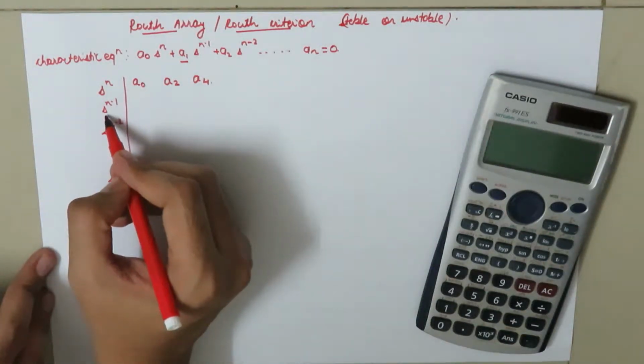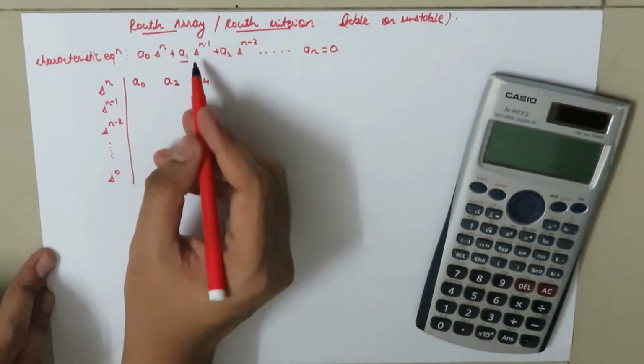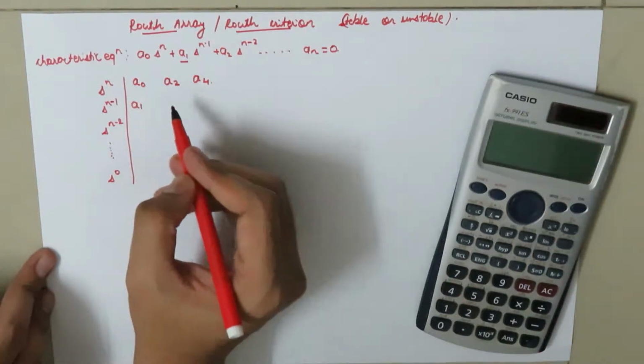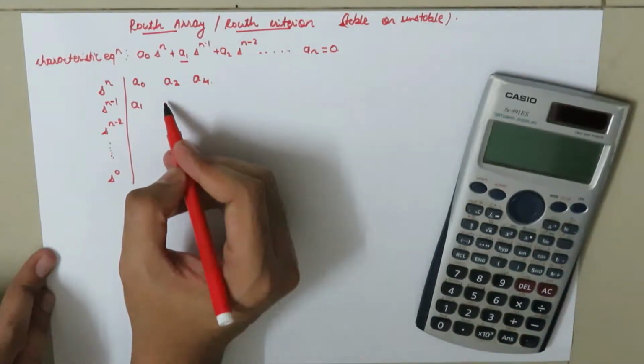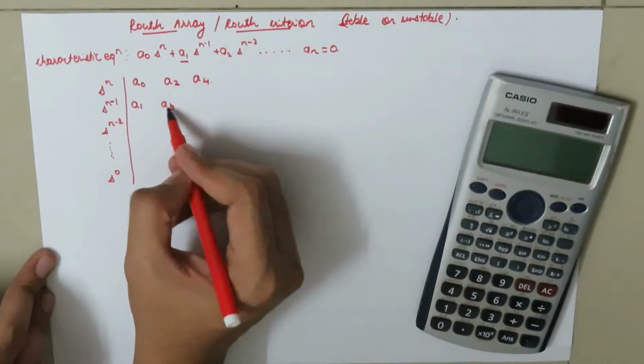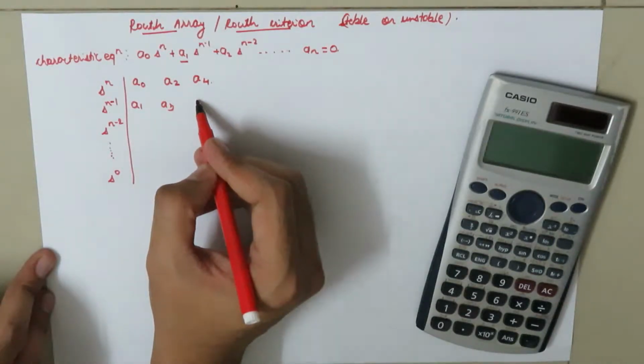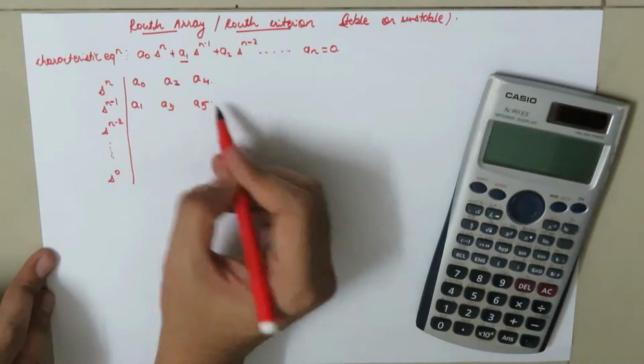The coefficient of s to the power n minus 1 is a1, so we neglect a2 and write a3, neglect a4 and write a5.